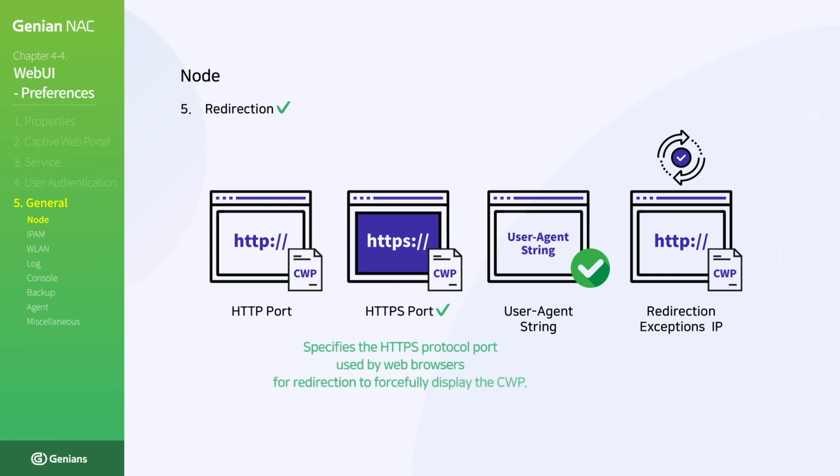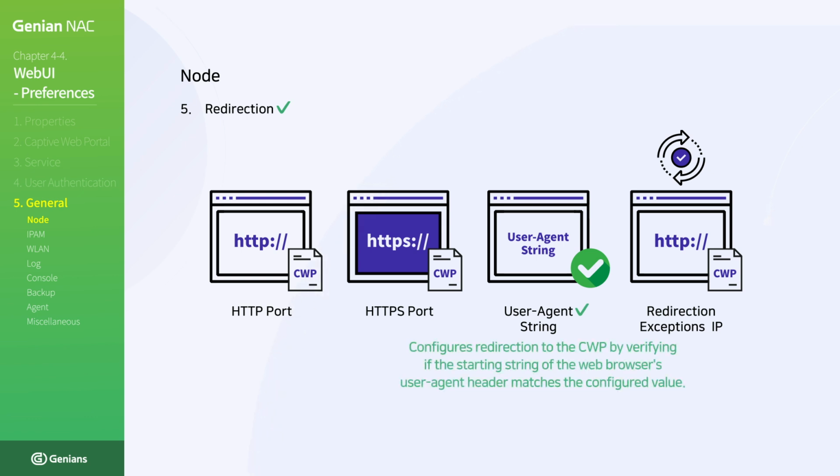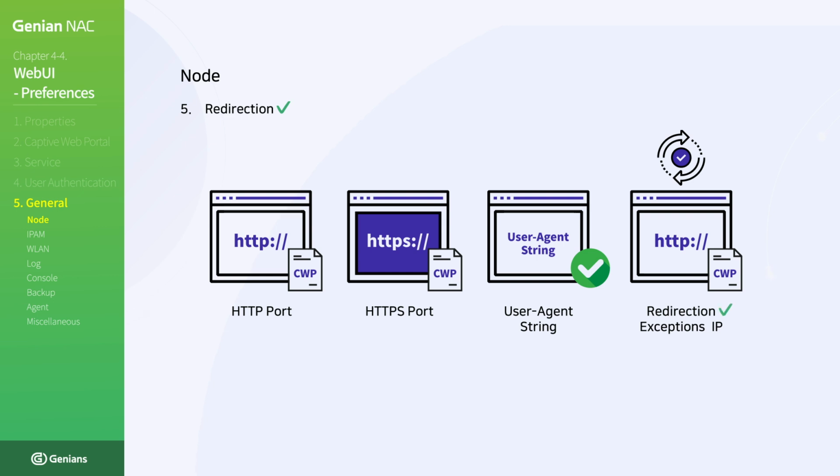HTTPS port specifies the HTTPS protocol port used by web browsers for redirection to forcefully display the captive web portal. User agent string configures redirection to the captive web portal by verifying if the starting string of the web browser's user agent header matches the configured value. Redirection exception IP specifies IP addresses exempt from HTTP and HTTPS redirection.